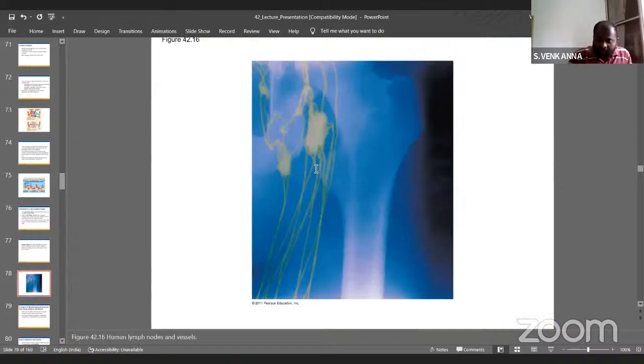Then tomorrow I will explain the mammalian heart functions and structure. Then I will give brief information about the circulatory system.